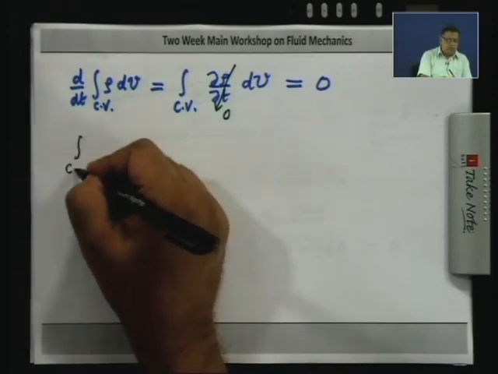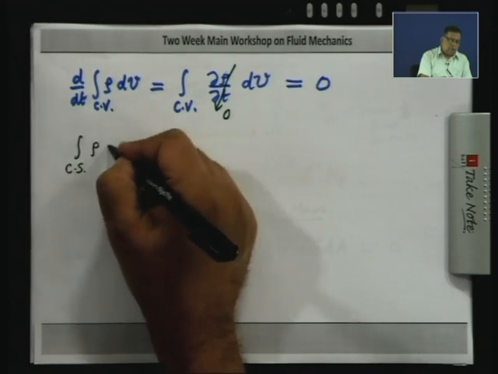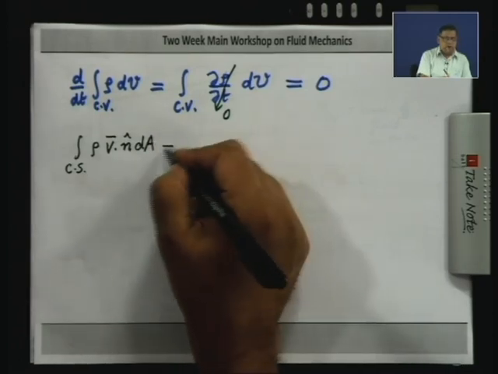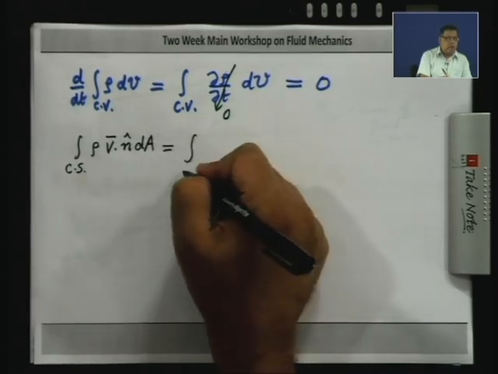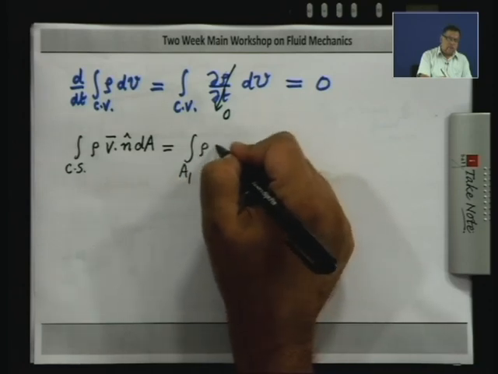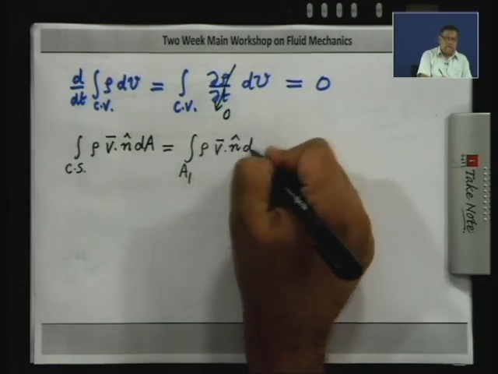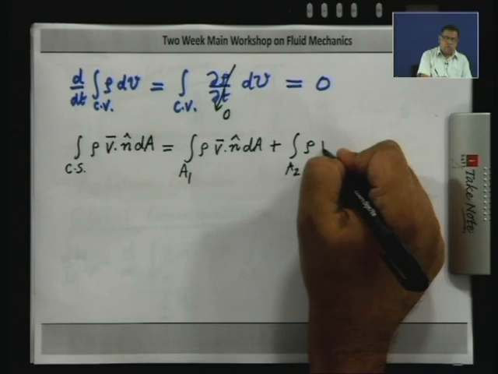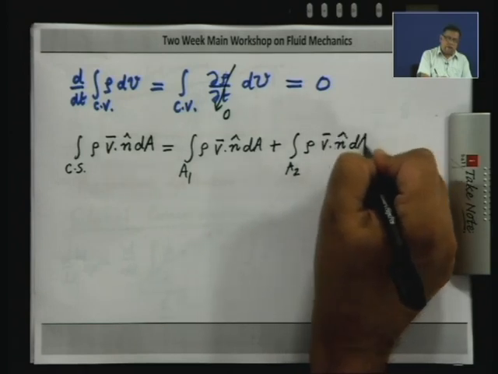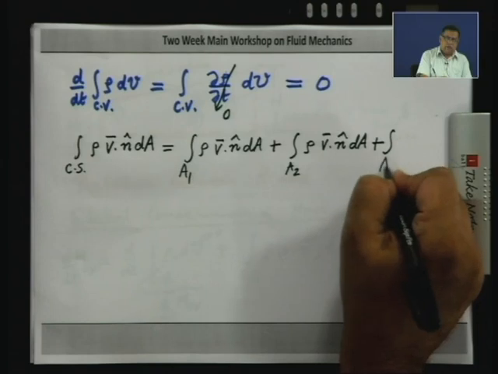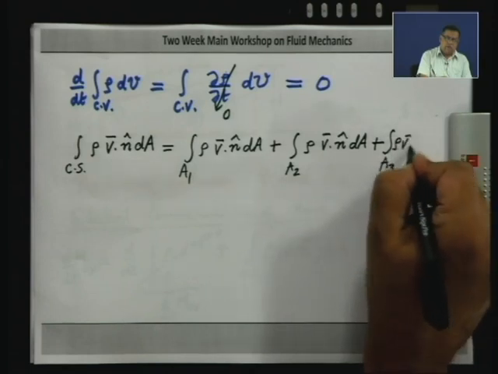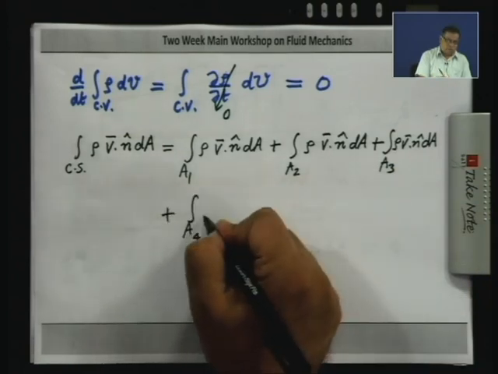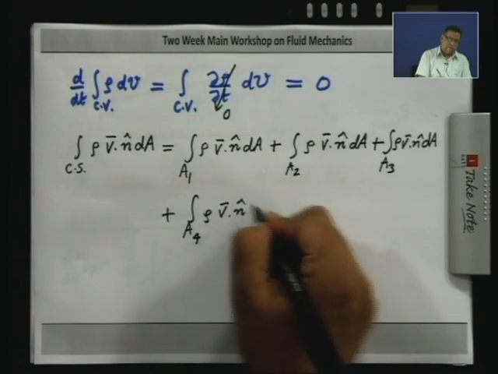So, let us look at the second term, which is the integral over the control surface of rho v dot n dA. This we can write as the sum of 4 integrals: the integral over A1 of rho v dot n dA, plus the integral over A2 of rho v dot n dA, plus the integral over A3 of rho v dot n dA, plus the integral over A4 of rho v dot n dA.